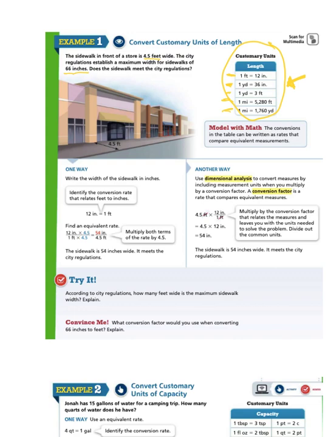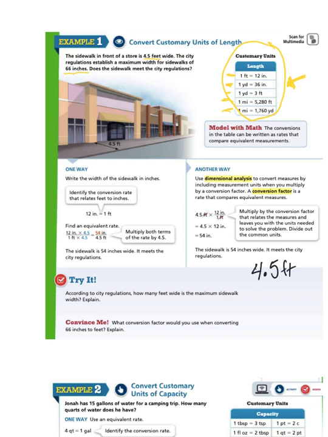So we need to figure out if the sidewalk that's 4.5 feet wide is in regulation. So we know that when we're figuring this out, we have 4.5 feet.